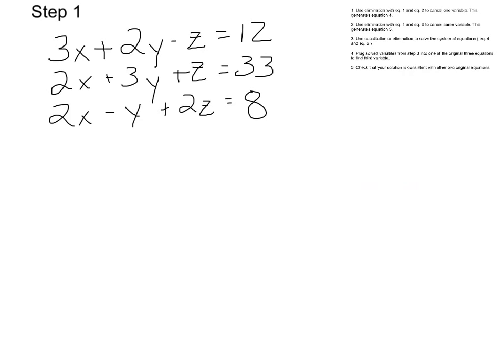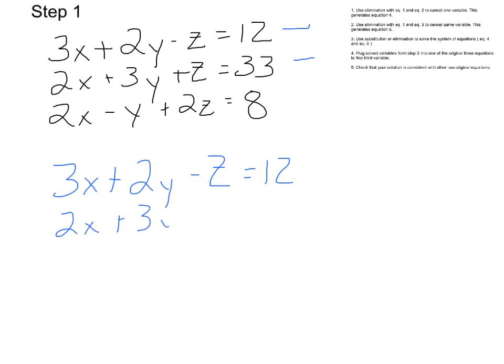Alright, so here we have a system of 3 variable equations, and step 1 says use elimination with equation 1 and 2 to cancel one variable. So we have 3x plus 2y minus z equals 12, and we have 2x plus 3y plus z equals 33.